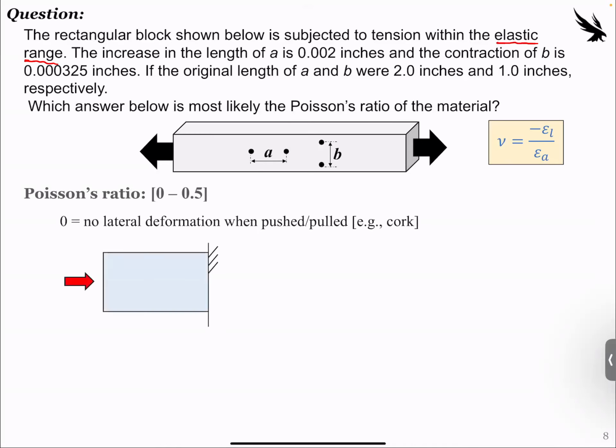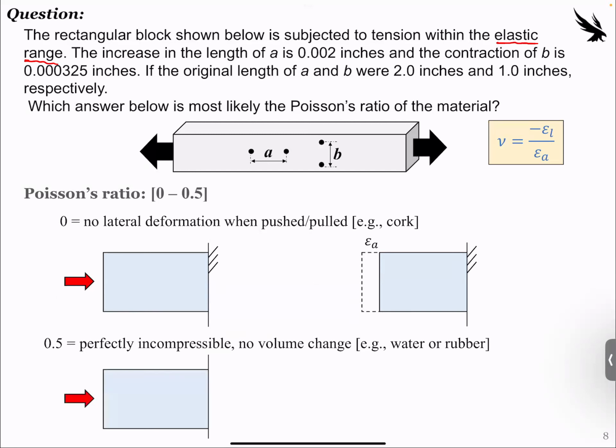Let's go over what this means physically. A ratio of 0 means no lateral deformation when the material is pushed or pulled. If we apply load in the axial direction, we see an axial deformation but no resulting lateral deformation. An example would be cork or some material with a lot of void space. This is called a perfectly compressible material.